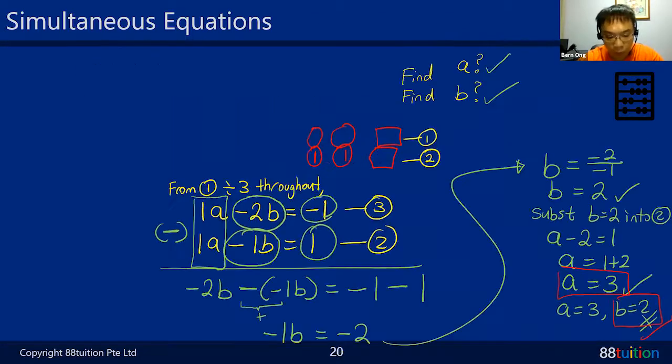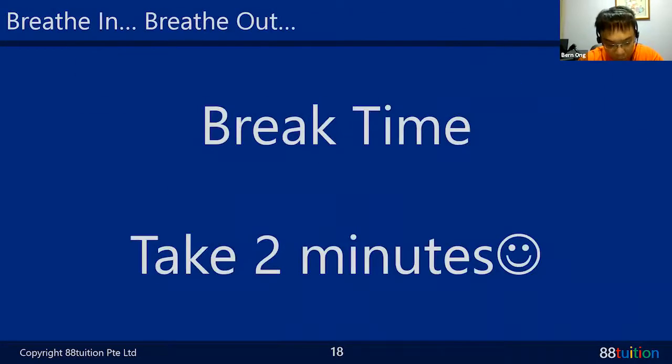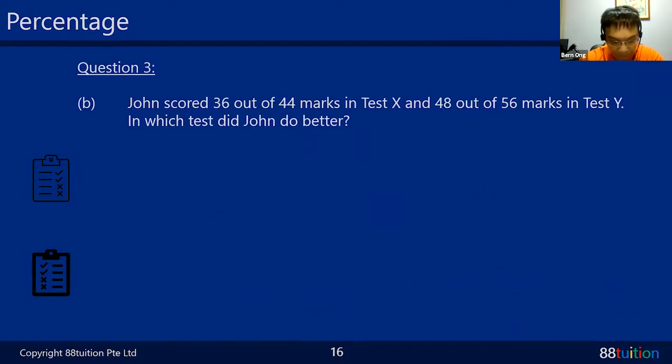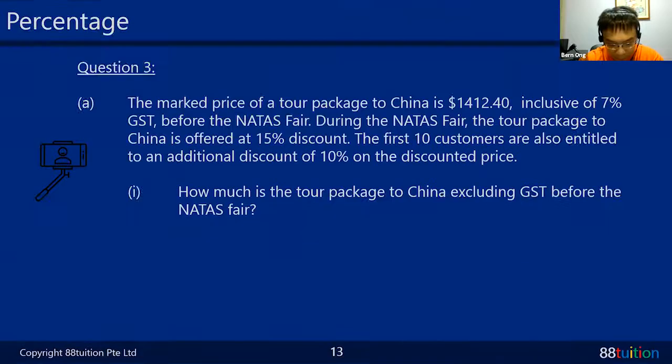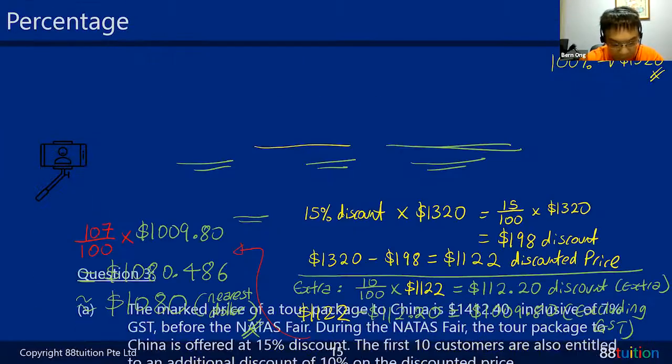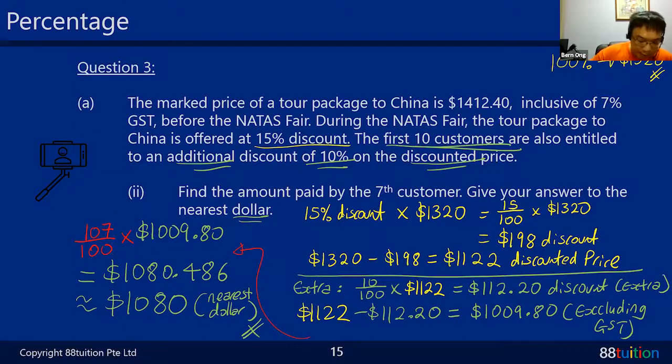So what can I do actually? This portion, right, Azhar? My $1,009.80, this is excluding your GST. This doesn't have GST.